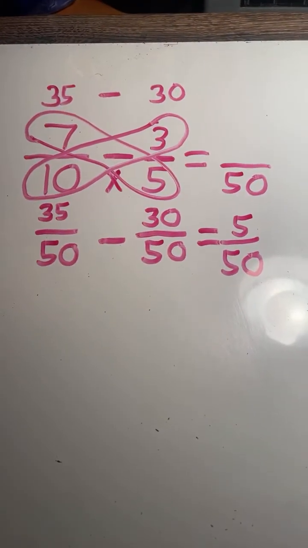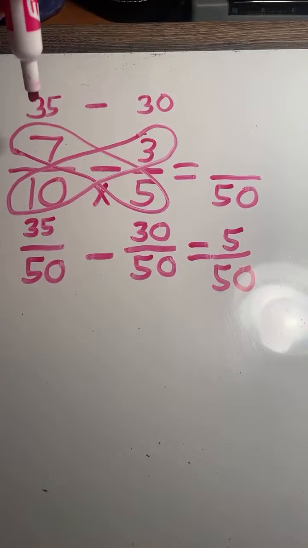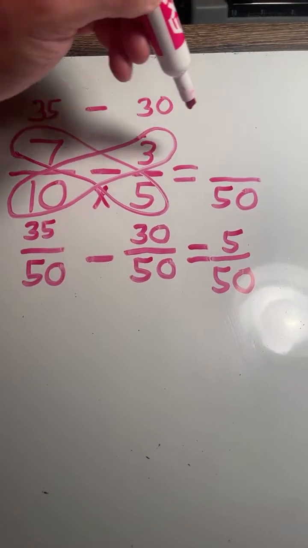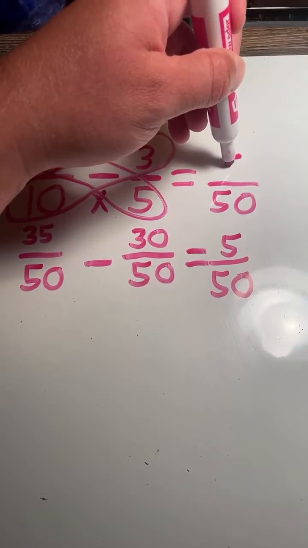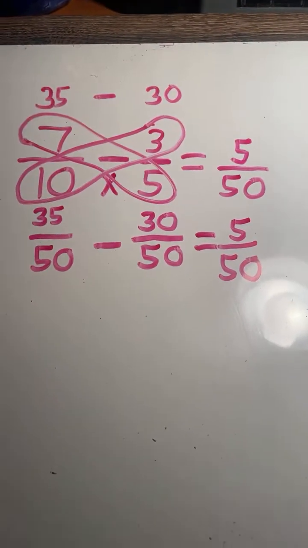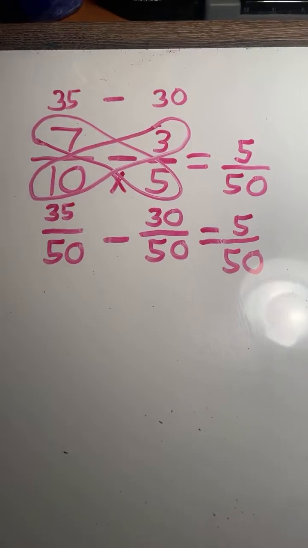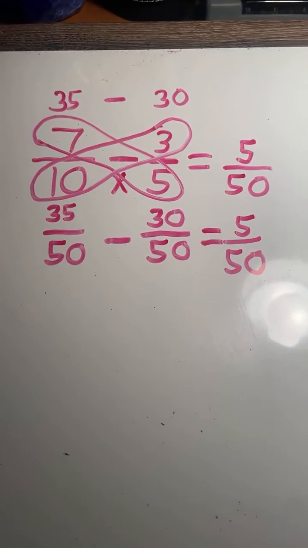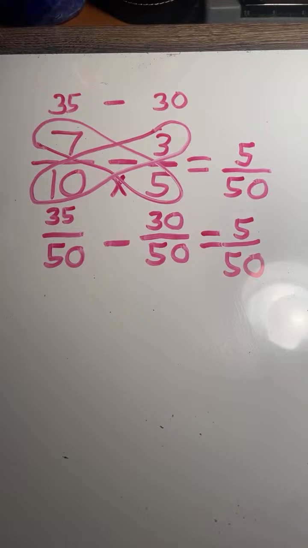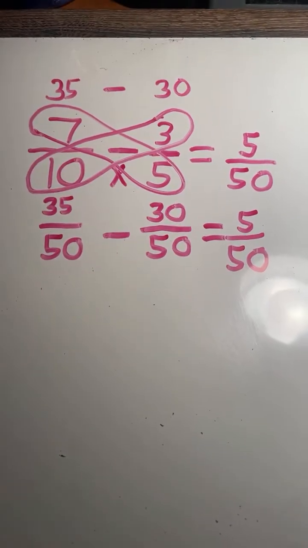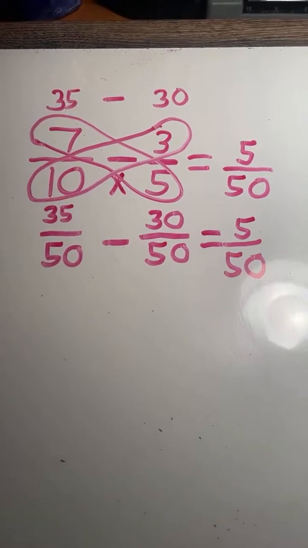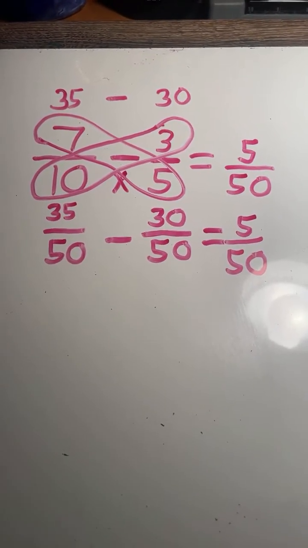Well, not our final answer because it could be reduced. But 7 tenths minus 3/5 equals 5/50ths. Now 5/50ths is not in lowest terms, but on a future live stream, I will reduce that fraction to lowest terms. But for this live stream, we're going to leave it as the final answer.